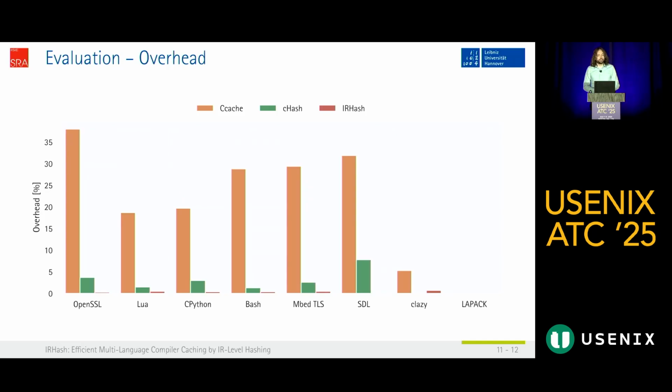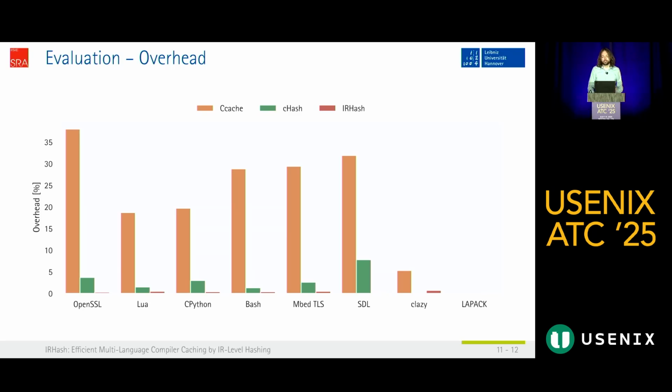Last, the overhead, and this is where it gets interesting. With overhead, I mean the time introduced into the compilation by the hashing process. IRHash is on average 2 orders of magnitude faster, has less overhead than Ccache, and 1 order of magnitude compared to cHash.